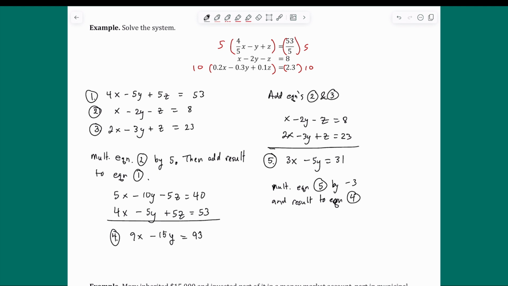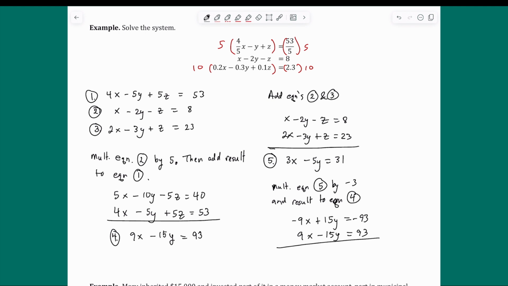Okay, so then now we have -9x plus 15y equals -93. So that's equation 5 multiplied by -3. And then I'm going to add this result to equation 4, which is 9x minus 15y equals 93.